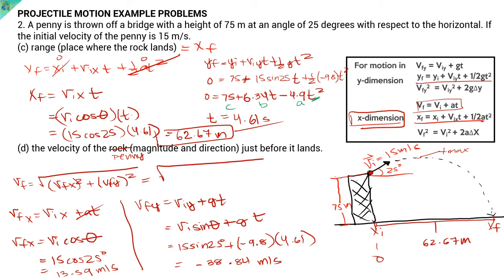Let's plug it here. That's 13.59 meters per second squared plus 38.84 squared. Okay, let me erase this part here.